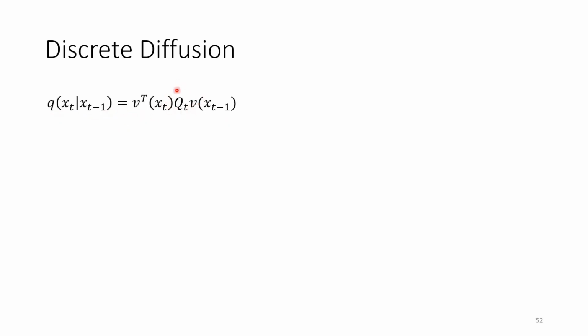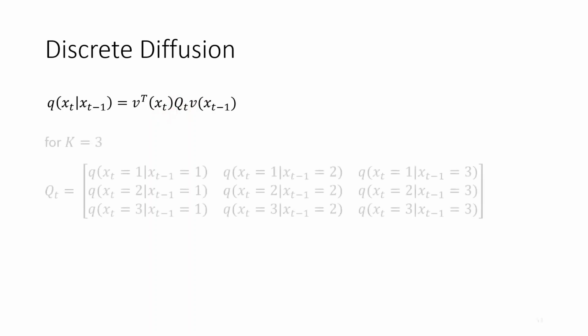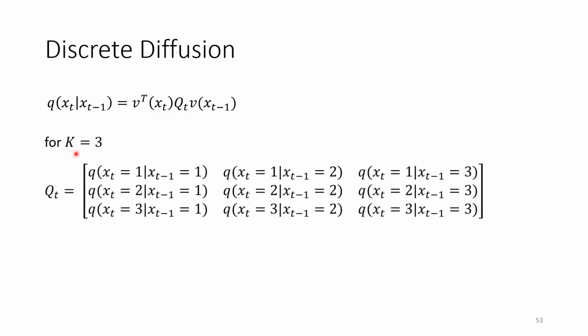Let's now look into what Qt, the transition matrix, has to offer. For an arbitrary k equal to 3, let's say there are 3 code vectors in my codebook. Qt will look something like this, where individual entries give the transition probability for individual states. Here, state means code vector. So if k equals 3, there are 3 states.